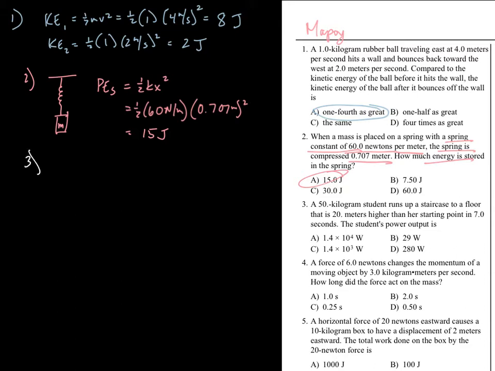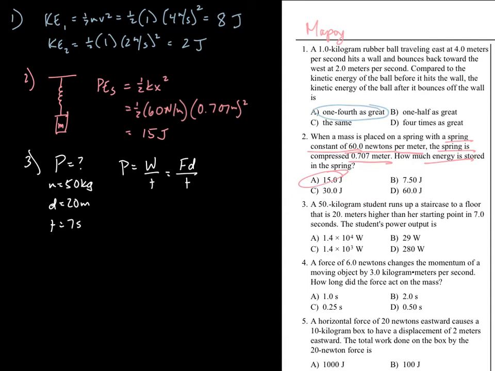Number 3. A 50 kilogram student runs up a staircase to a floor that is 20 meters higher, looking for the power output P. We have the mass of 50 kilograms, a distance of 20 meters, and a time of 7 seconds. Power is equal to work over time, but if you expand work to equal force times distance over time, that's what we get.